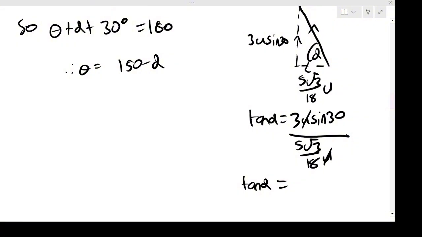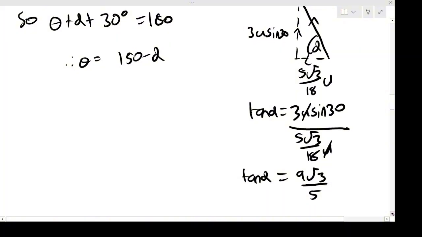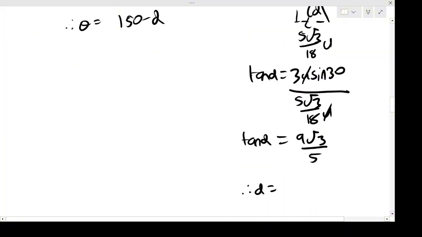If I simplify this, I get 9 root 3 over 5. So therefore alpha is inverse tan of that. And so I get 72.216 and so on degrees.